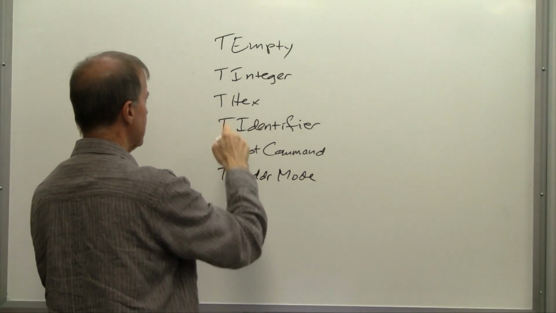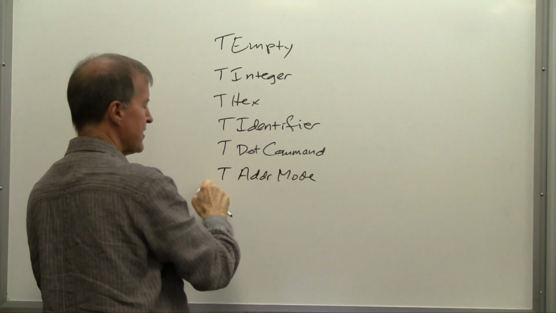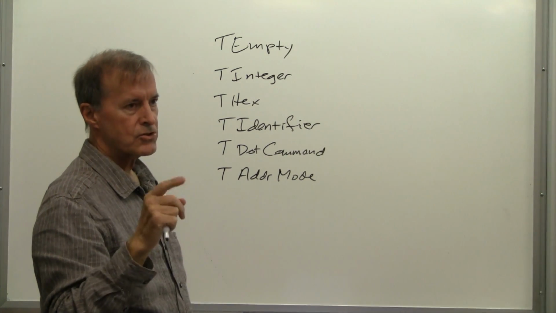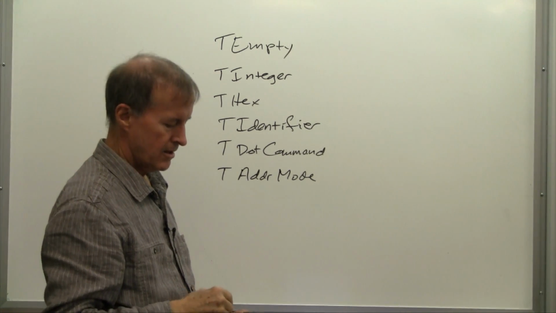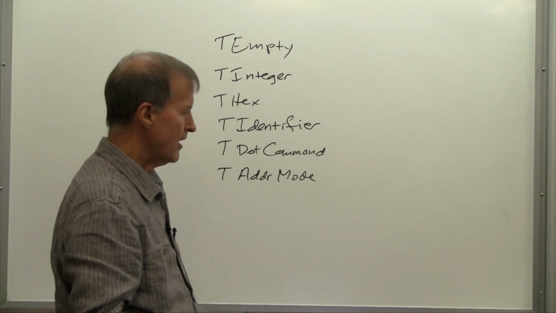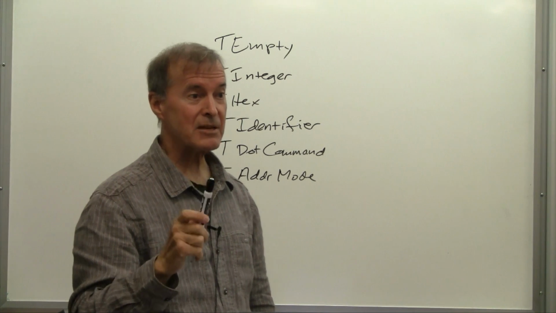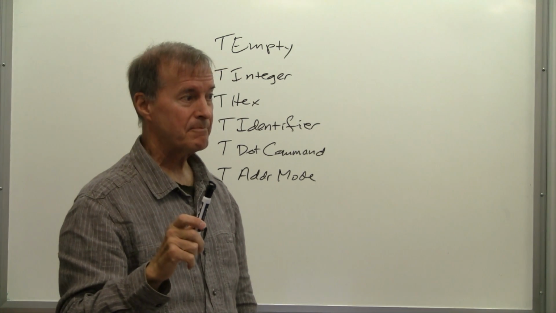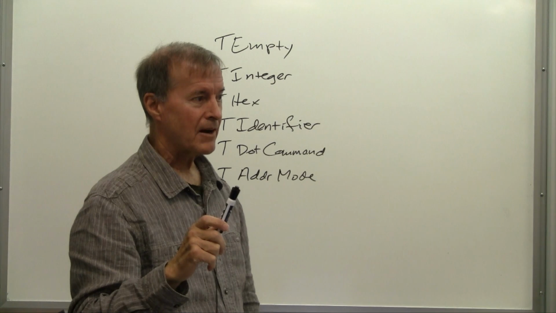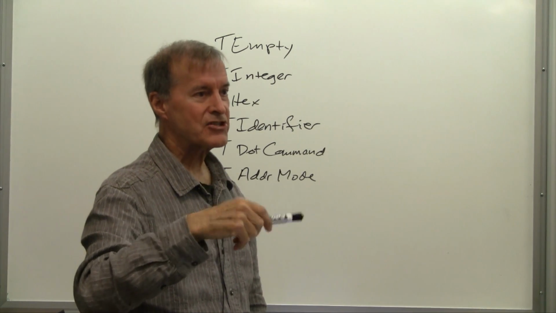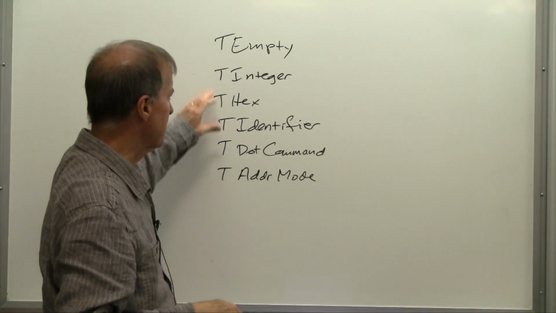All right, so look, there's 1, 2, 3, 4, 5, 6. Your job is to write the finite state machine that will recognize a valid PEP9 assembly language statement. Are you with me?